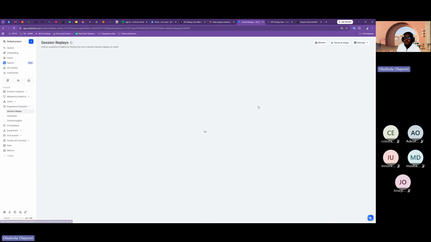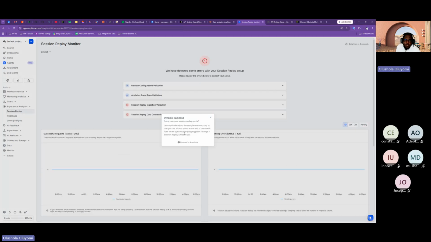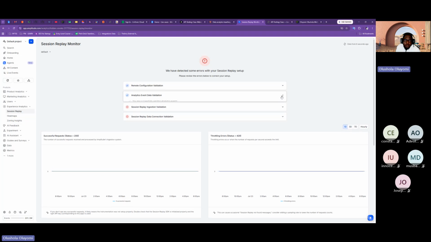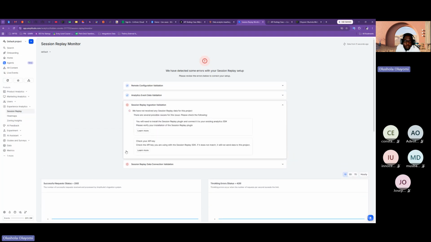There's something called session replay. Session replay allows you to see how your users are moving within the app. Let me see if I can quickly install it into my system. Remote data configured, session replay ingestion.